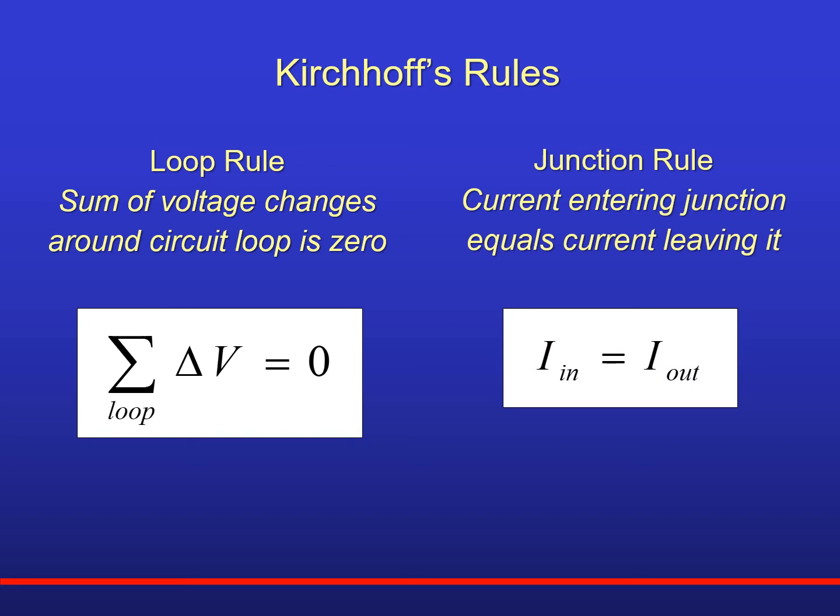Okay, here's the next rule, the junction rule. The current entering a junction equals the current leaving it. And write it simply as I in, the current in, equals I out, the current out. So what does he mean by a junction? Really, a junction is any point in a circuit.